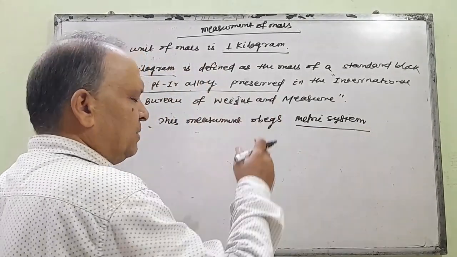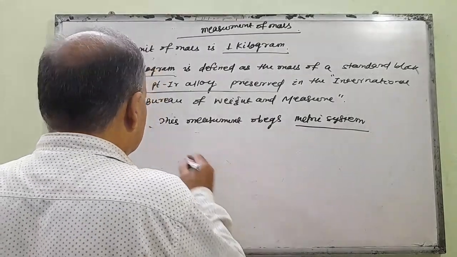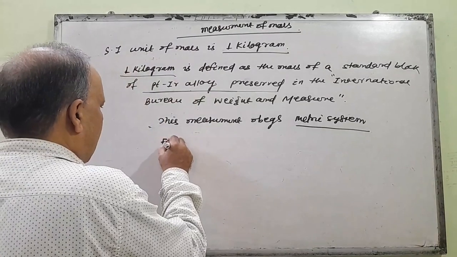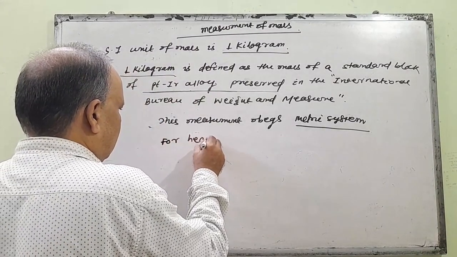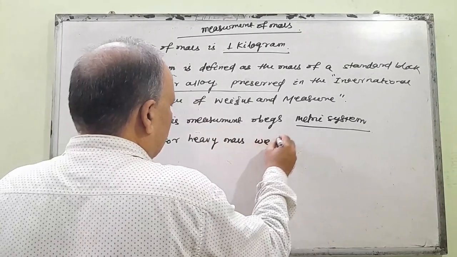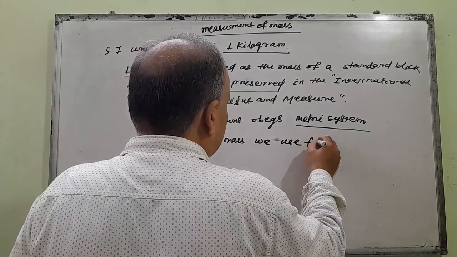In measurement of mass, the base is the gram. There are some heavy masses and there are some light masses. For heavy mass, we use the following units.